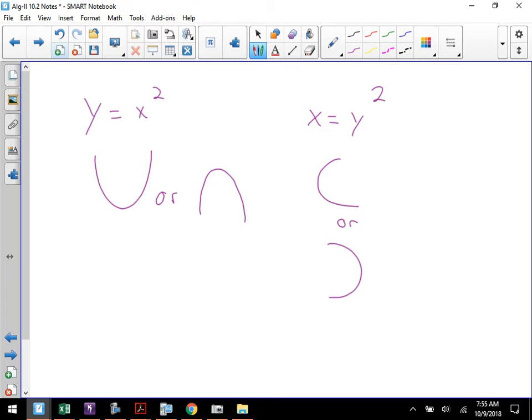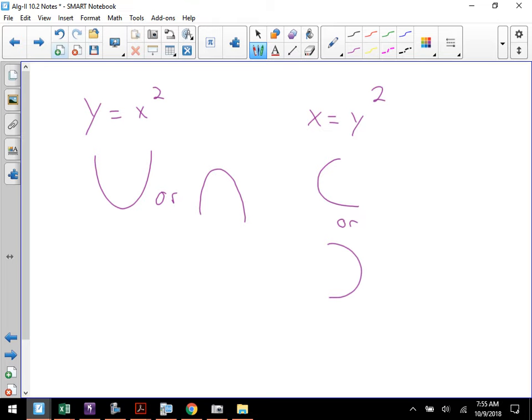And x equals y squared goes left or right. Now, if you think about it, when you wanted to graph that, you have a button on your calculator that says what? Y equals, okay? So if I have x equals y squared, what would you do to get y by itself? Not square it, square root it.